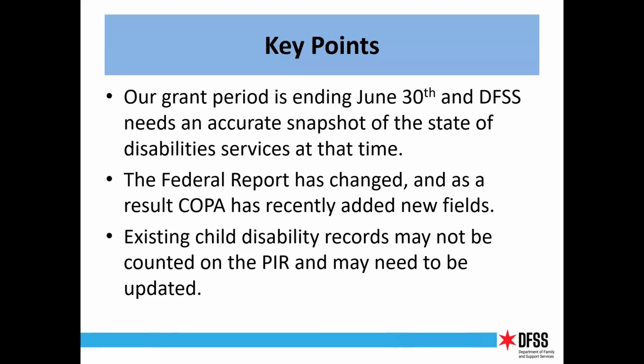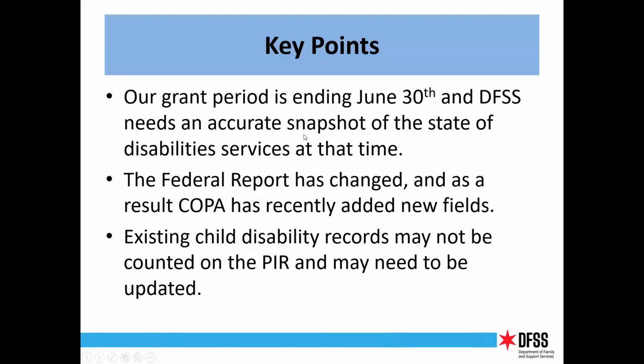So we're going to be reporting data as of that point, meaning that what we really need to do is get point in time information out of COPA at the end of the month. And by and large, that is what we're going to report, not subsequent services, which are going to be part of a different grant cycle, and we'll have a different number. And thus, technically, we should be on a different PIR.